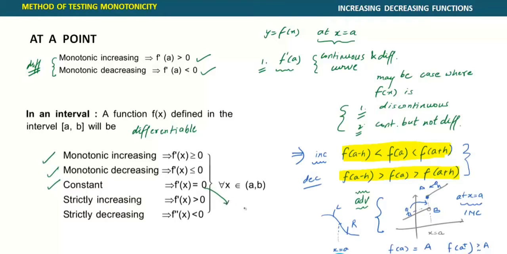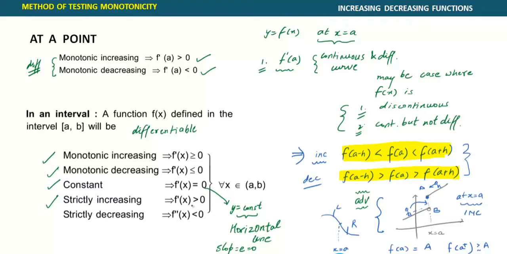Because if it has to be constant, that means y is equal to a constant for some value. So y equal to constant is a horizontal line, right? If it is a horizontal line, that means the slope is 0. So if the slope is 0, that is why f dash x should come out to be 0.